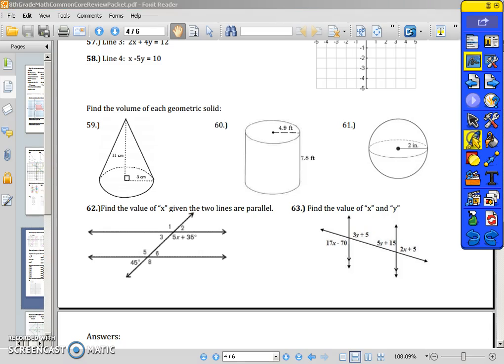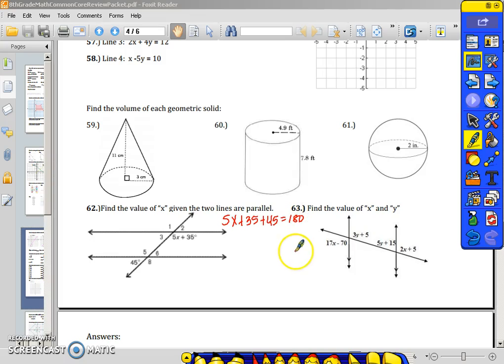And the last two problems, 62 and 63. Find the value of x given the two lines are parallel. So we have to go all the way back to our angle relationships. The relationship between this 45-degree angle and this 5x plus 35, those are supplementary angles. So I add them together, 5x plus 35 plus 45, and set that equal to 180.